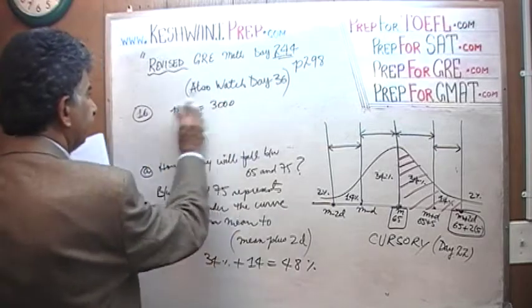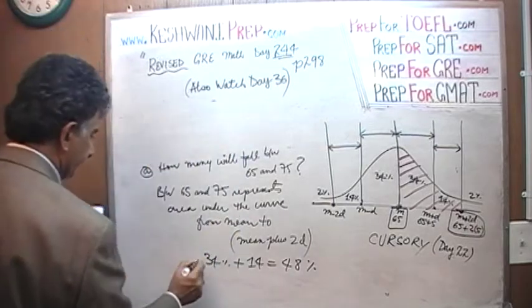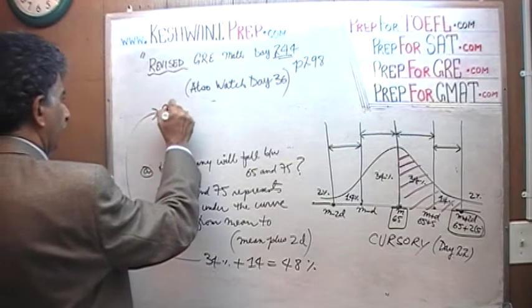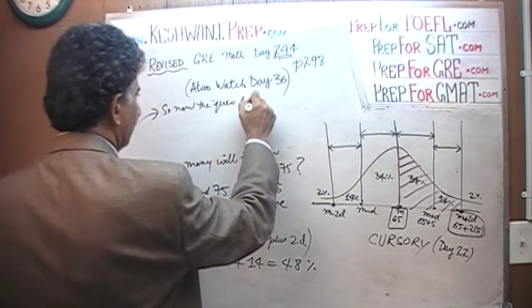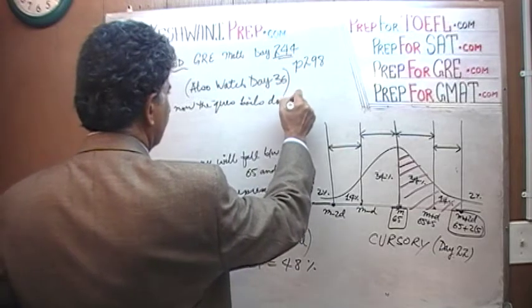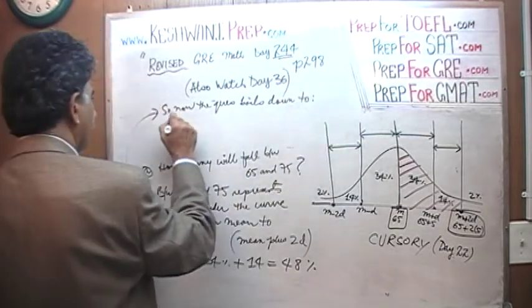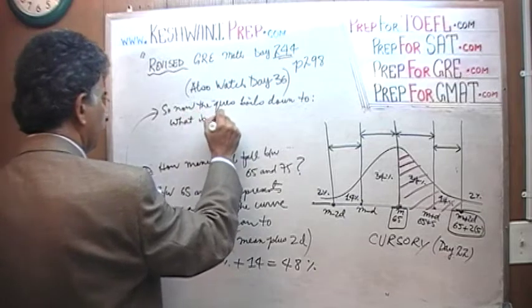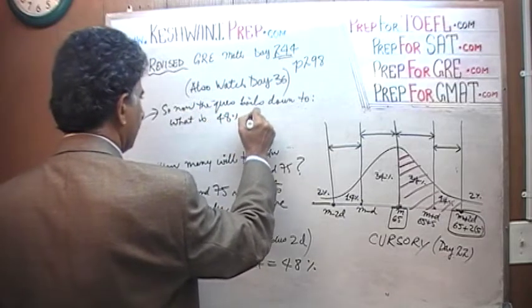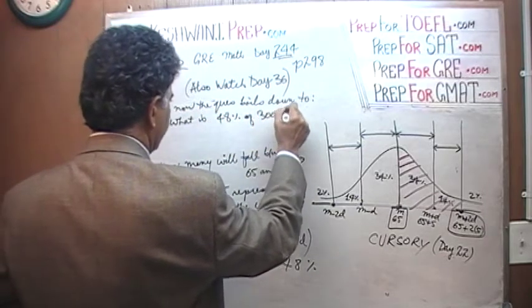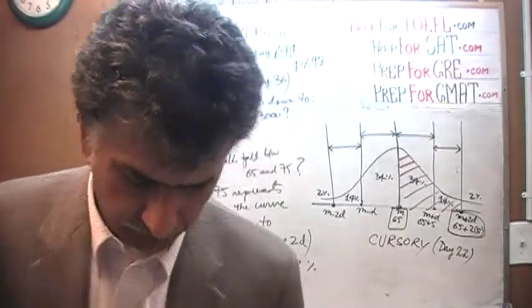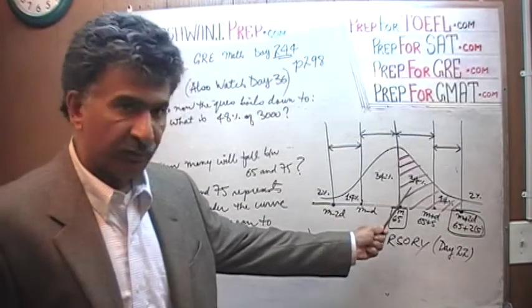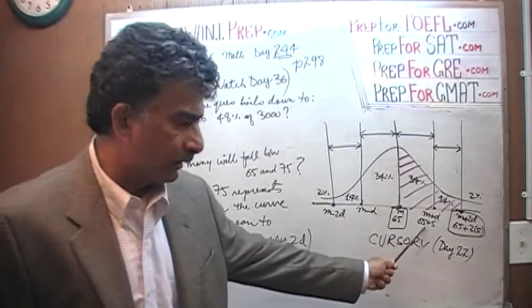So now the question boils down to, what is 48% of 3000? That's all they're looking for. Because 34% of all the observations fall between 65 and 70.